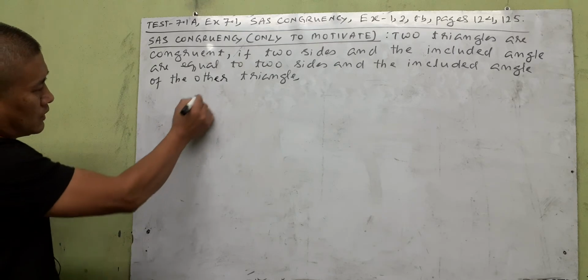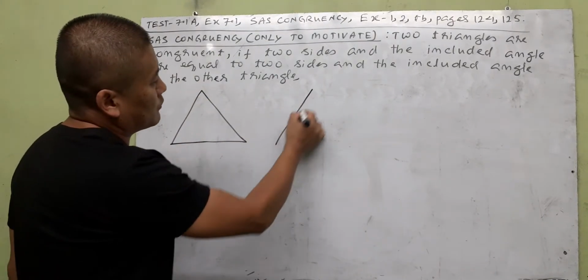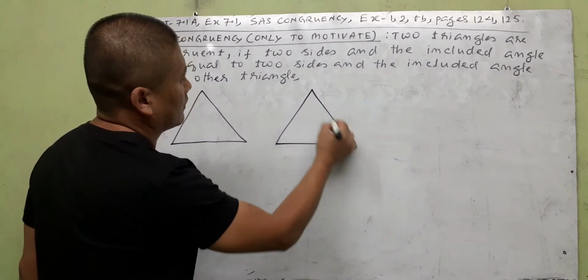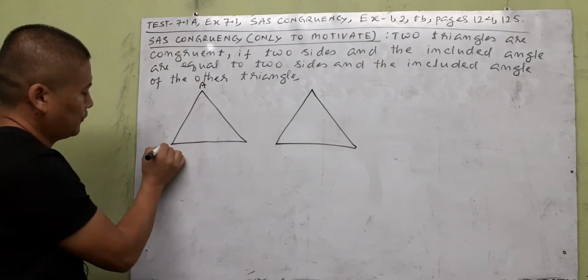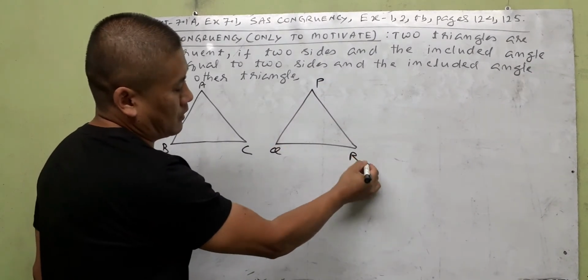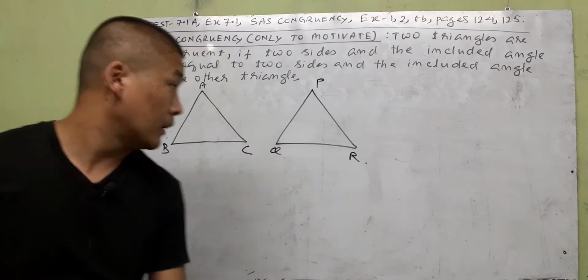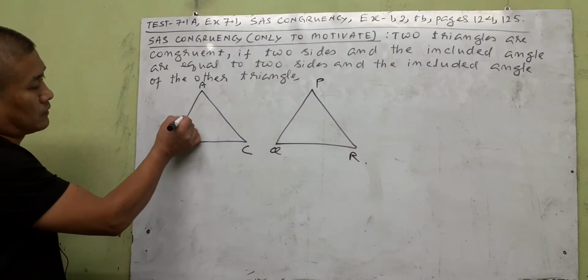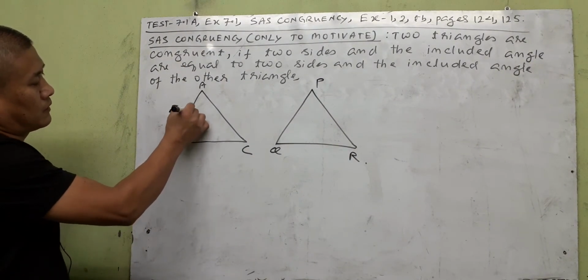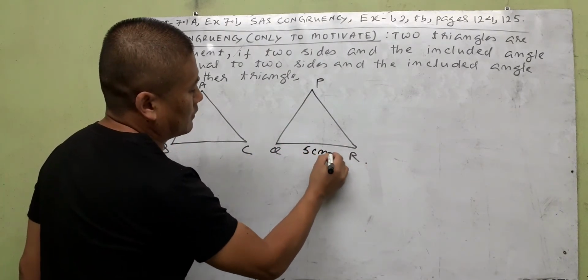So in order to exactly understand this, let us draw two triangles. You can draw along with me, just a presumption for us to understand. Let us say this is A, B and C, P, Q and R. Let us say this length AB is 5 centimeter, which is equal to QR, 5 centimeter.